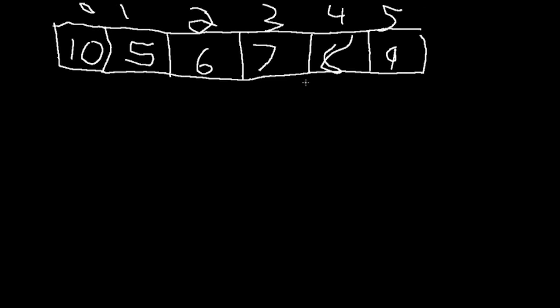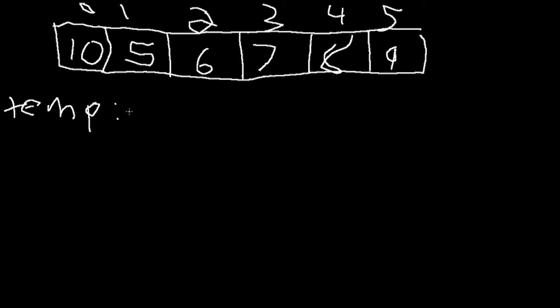The first thing we're going to look at is selection sort. What does that do? Basically it goes through and looks for the smallest one, and it will see 5, and it will store the 10 in a temp.